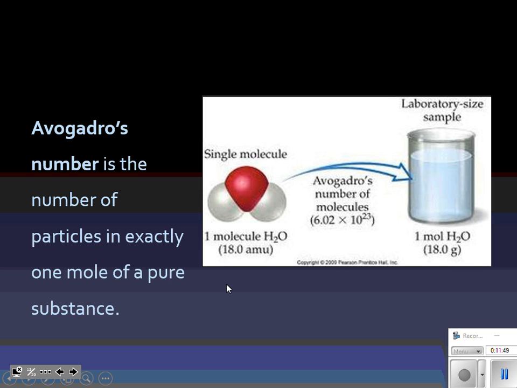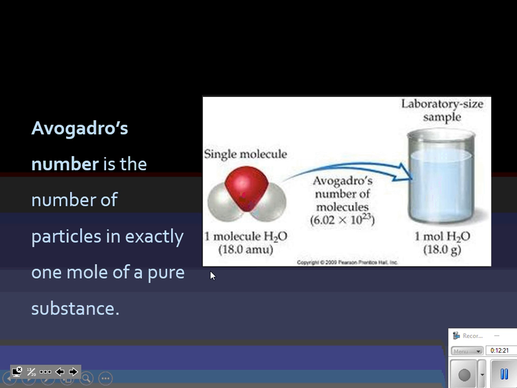If I add 2 hydrogens, 1.00794, add 2 of those, and to that I add oxygen, I would get the value of 18.01528 atomic mass units. So therefore, ladies and gentlemen, when I calculate the atomic mass units of water, that is how I do it.